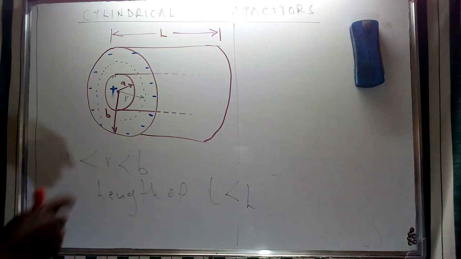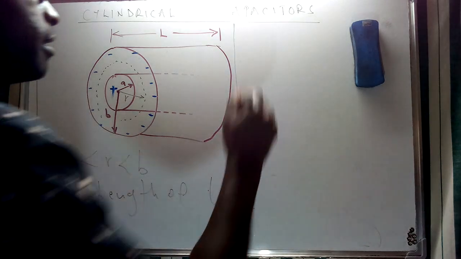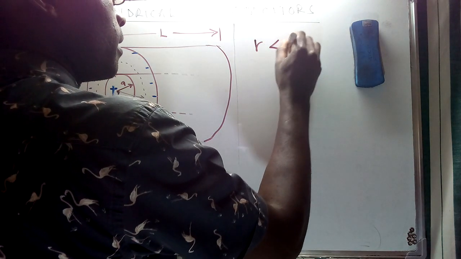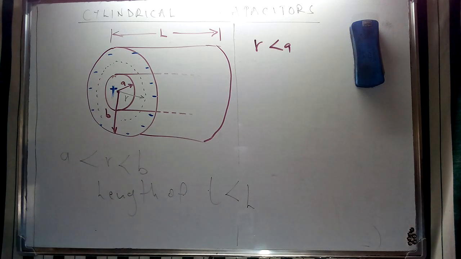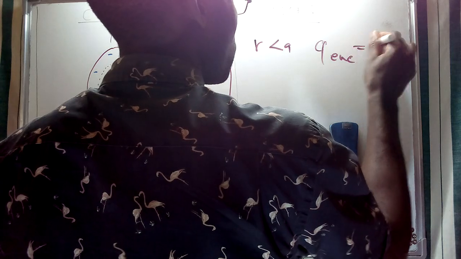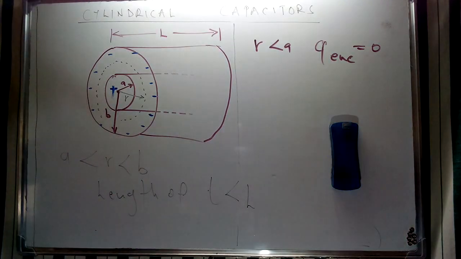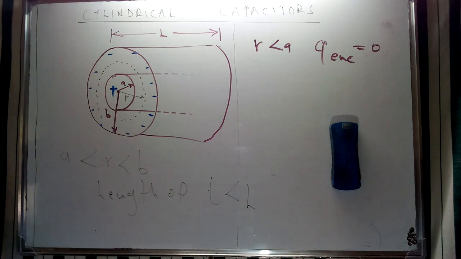Whenever R is less than A, the enclosed charge, Q enclosed, is going to be 0, since the net charge in that conductor has to be restricted within the surface.